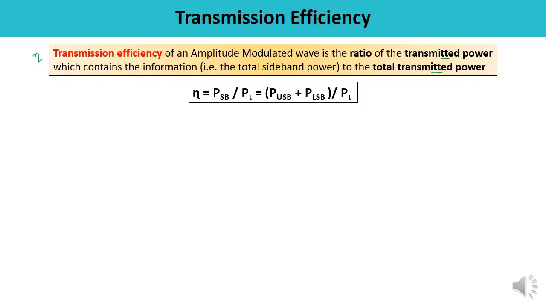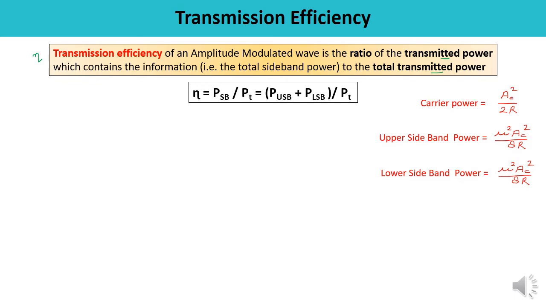Now substitute these values. You know the formula to calculate the power. The carrier power is AC square upon 2R. We have already calculated it. Upper sideband power is mu square AC square upon 8R. Lower sideband is the same. Now substitute these values into equation 1.